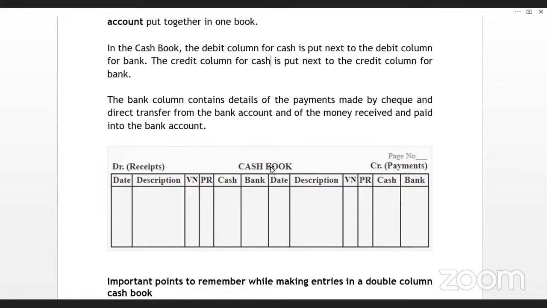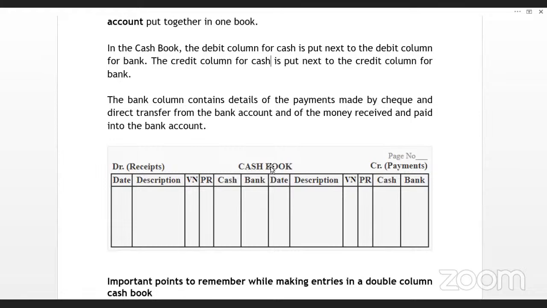Then we have a column for VN, a column for PR, a column for cash, and a column for bank. Those are the two columns we use to record the amounts on the debit side.